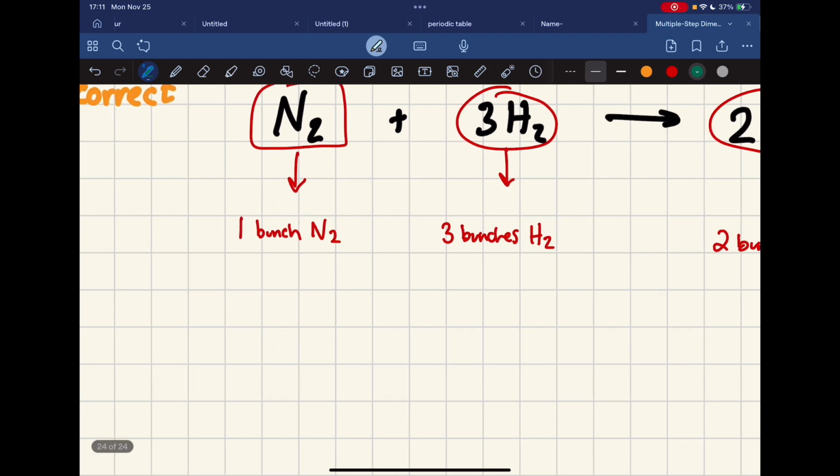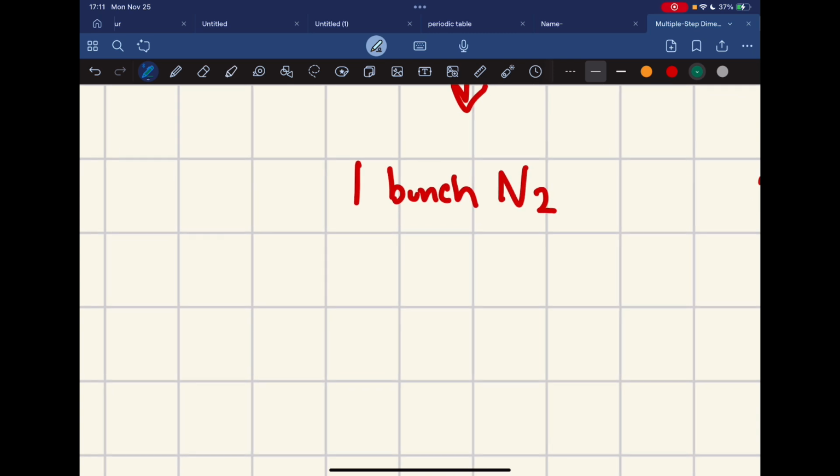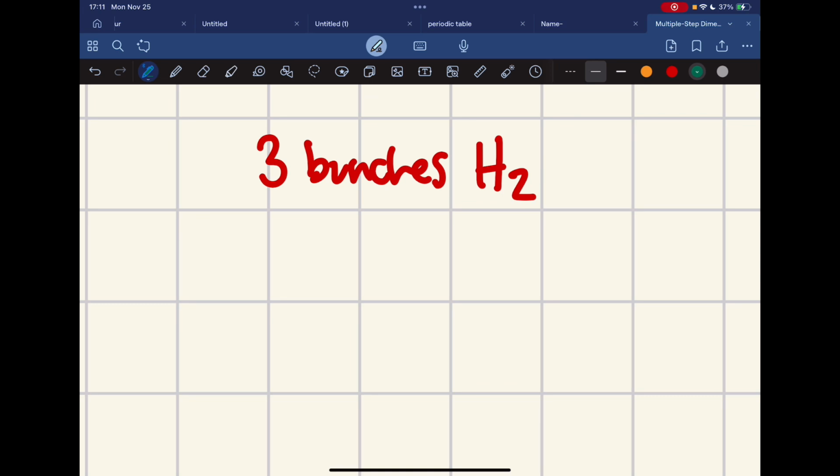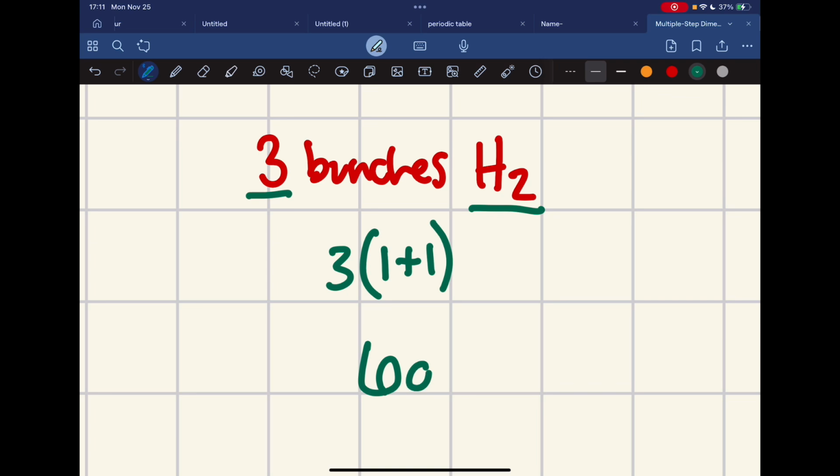So one bunch of N2, that's going to be just 14 plus 14 gives us 28 grams of N2. 3 bunches of H2. One bunch of H2 would be 1 plus 1, but we have 3 bunches, so it's 3 1 plus 1s, or 3 2s, right? So that's going to be 6 grams of H2.